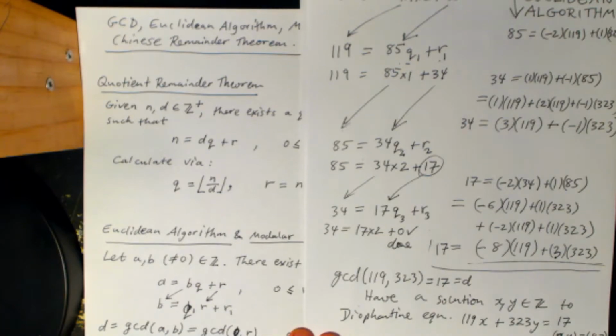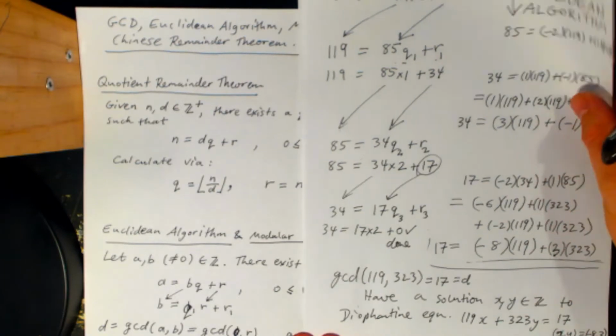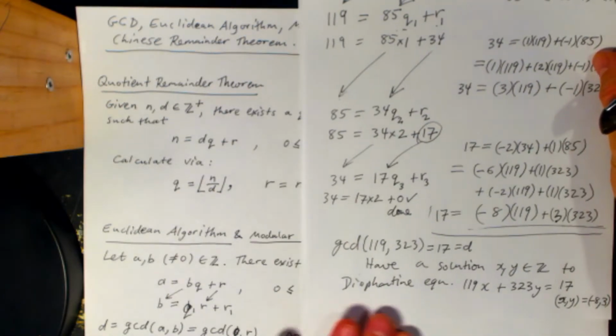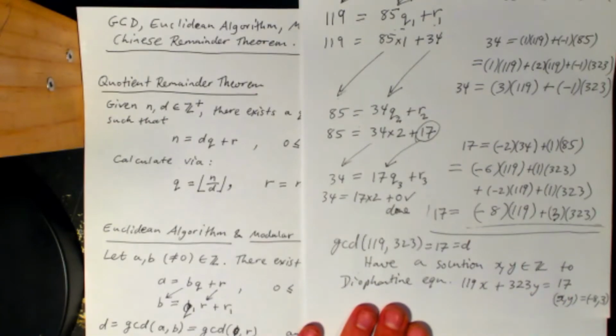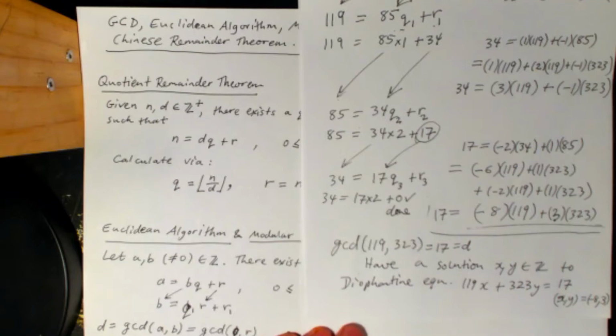Okay, so we've got this, but since 17 divides into 119 and 323, we can actually do that division, and we find that 119 divided by 17 gives 7.